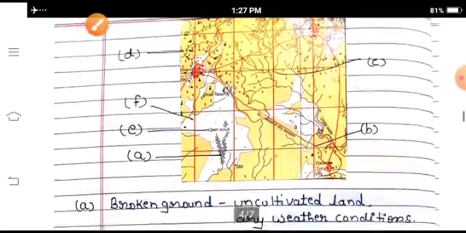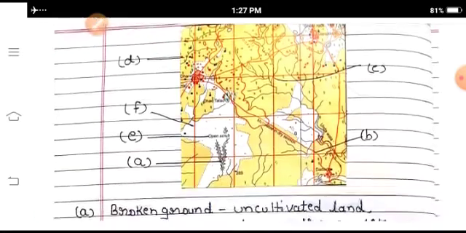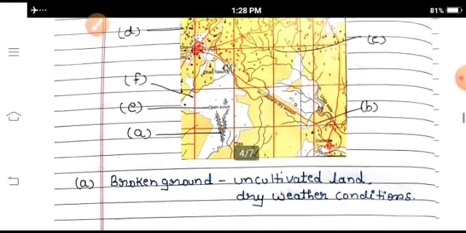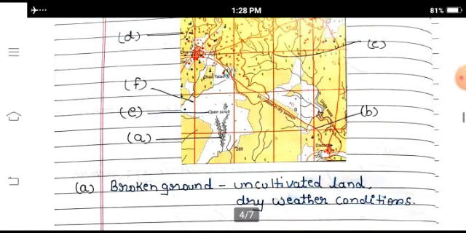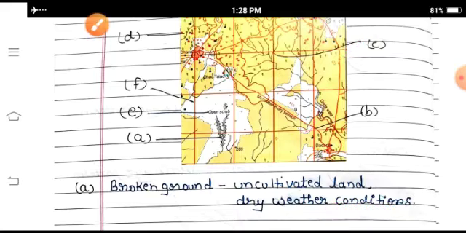Now today I show you the symbols. Basically yellow color shows the agriculture area in this topo sheet. Green color represents vegetation, blue color represents water bodies, and red color represents settlement or road.